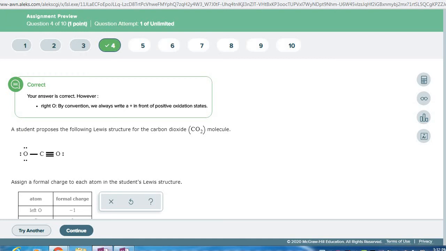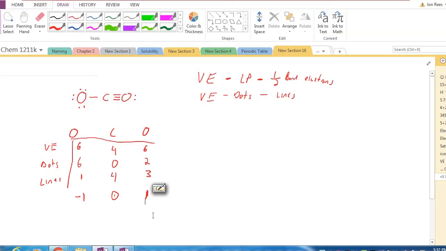I want to go back there and just discuss something real quick. If you and I were doing carbon dioxide, we would have drawn it just a little bit differently. We would have taken that C, and we would have probably put those 2 oxygens on either side like that, with 1, 2, 3, 4, 1, 2, 3, 4.